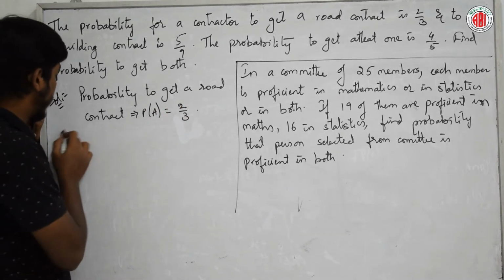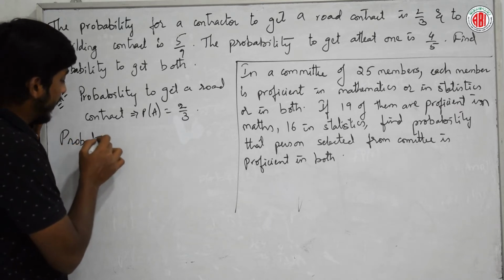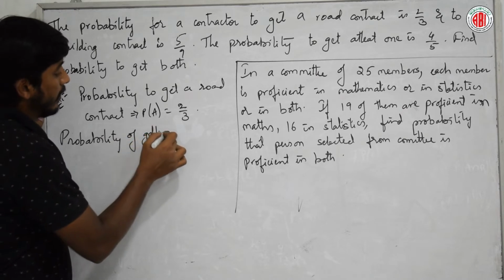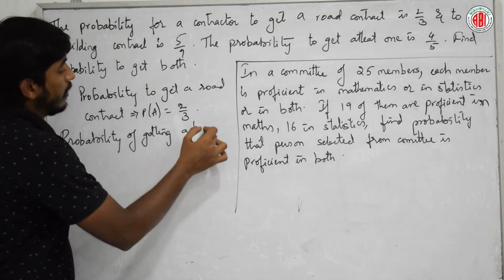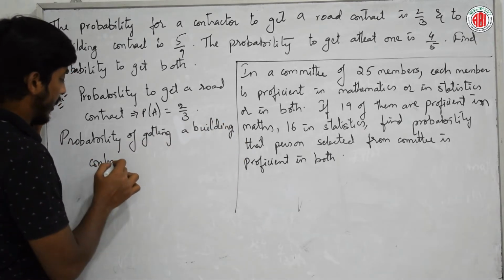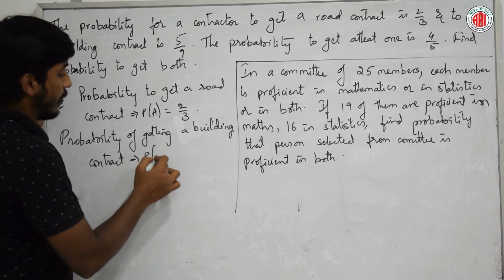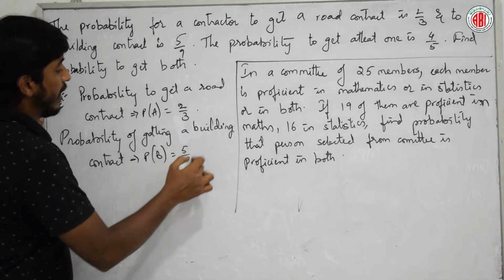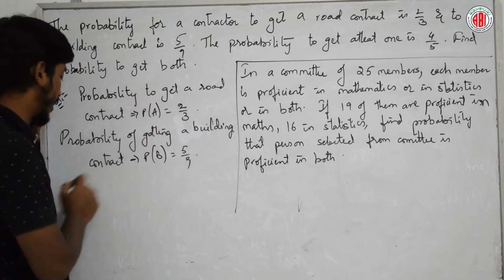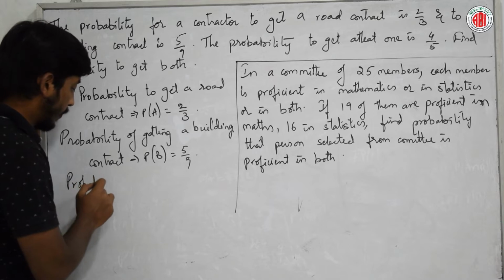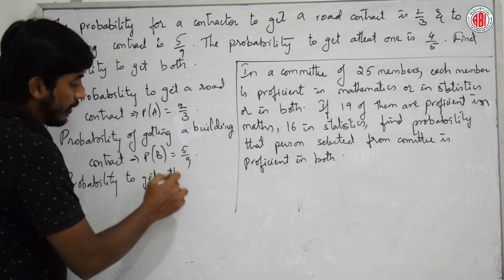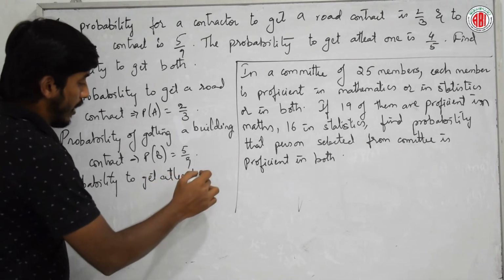Next, the probability of getting a building contract is P of B, which is 5 by 9. He is telling the probability to get at least 1.